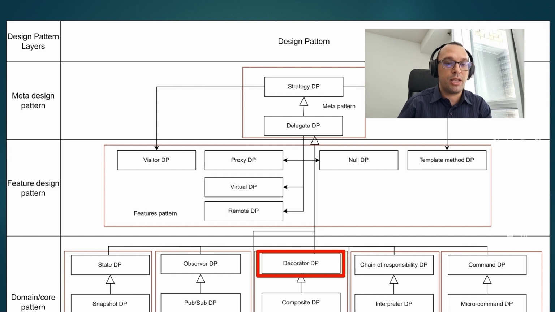In the feature design pattern layer, we have visitor, proxy, virtual remote, null, and template method. All those patterns add a specific value to the design that you opt to use. For this presentation, I opt to present the null design pattern and the template method design pattern. I will give a brief definition and some characteristics of those two designs.